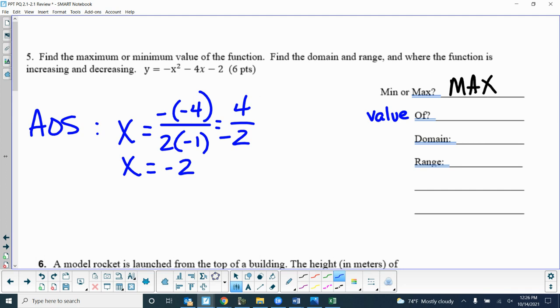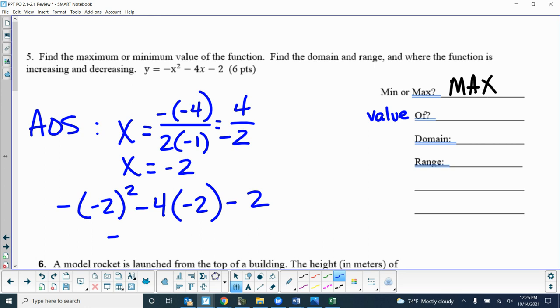Okay, so I put negative 2 in for the x, so I can find the y value of the vertex. So negative 2 squared is a positive 4, but the negative out front makes it back to negative 4. Negative 4 times negative 2 is positive 8, and then minus 2.